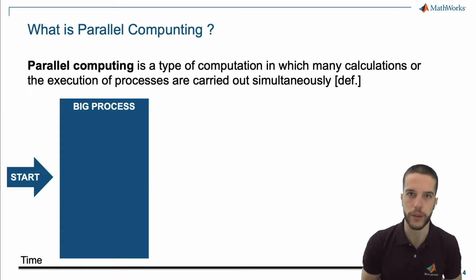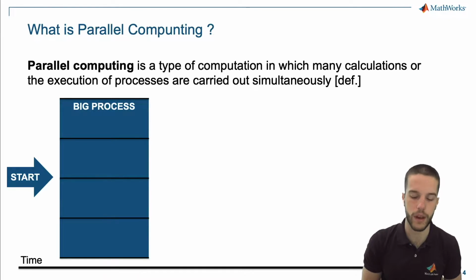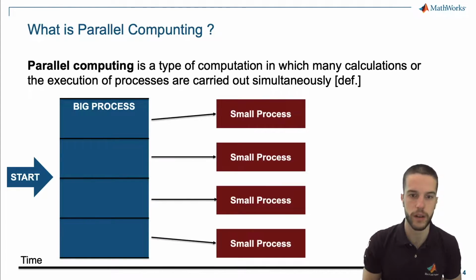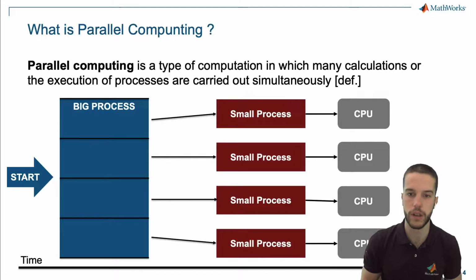If we have a big, huge, complex process, we can apply the parallel computing approach if and only if we can divide this process into sub-processes, easier and smaller of course, that are completely independent one from the other. This is because once we have divided this process into small processes, we need to be able to compute them independently one from the other.